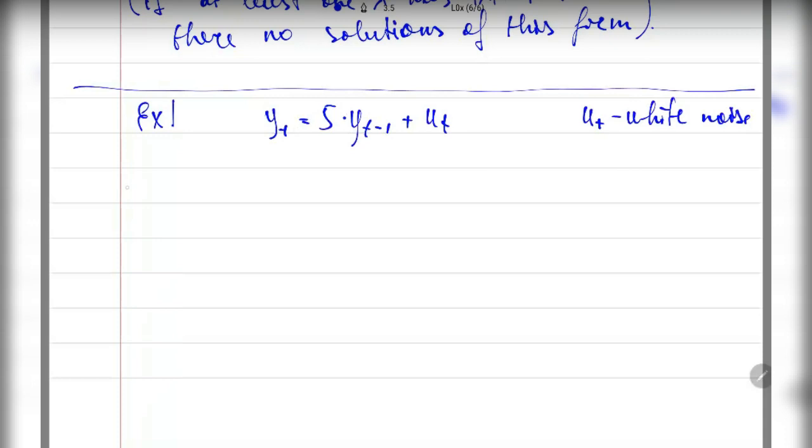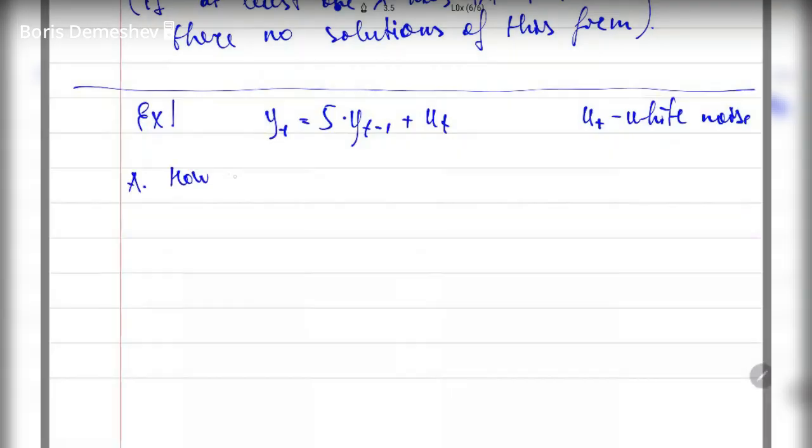Now we have 3 theorems, so we can answer all 3 questions. Question A, how many solutions? Question B, how many stationary solutions?